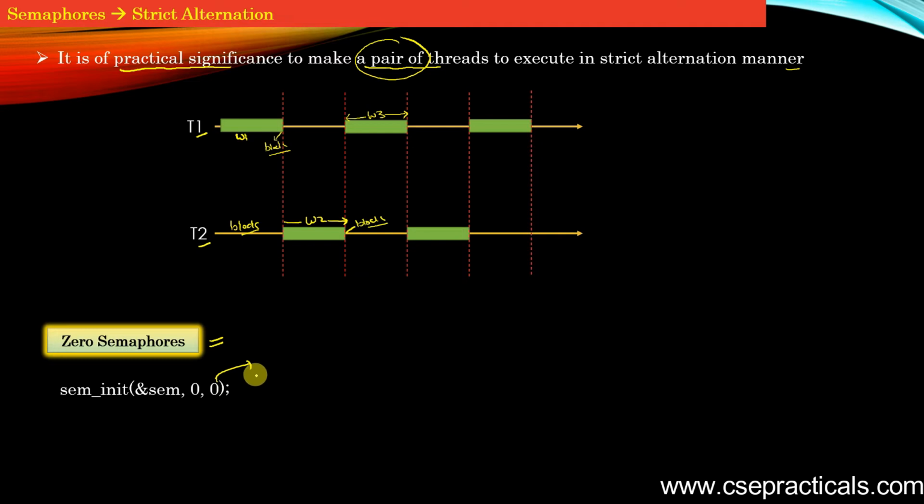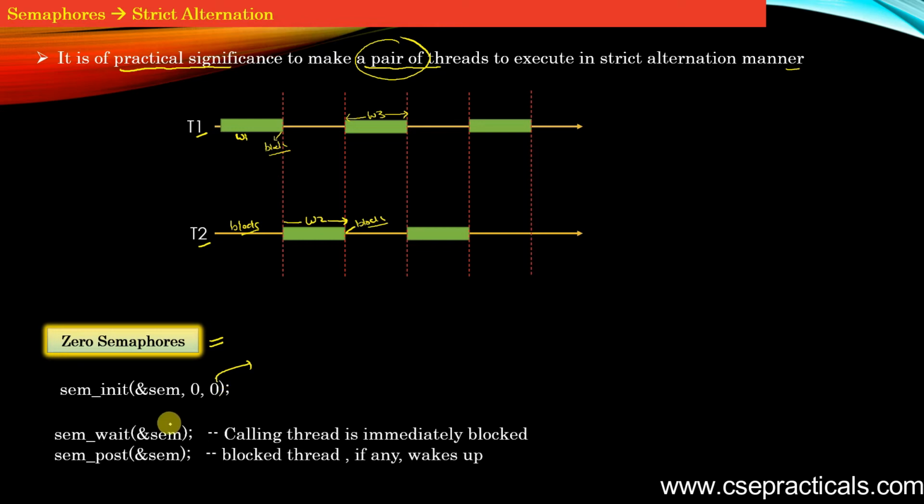So what is the special thing with such a semaphore? Immediately after the initialization, if a thread invokes the SemWait API on such a semaphore, the calling thread is immediately blocked, right? Because the value of the permit counter will go from 0 to -1, and as per the rules of the semaphore, the calling thread gets blocked.